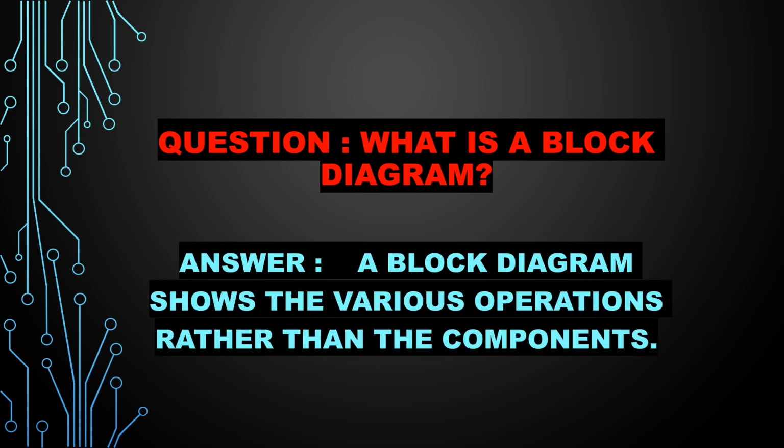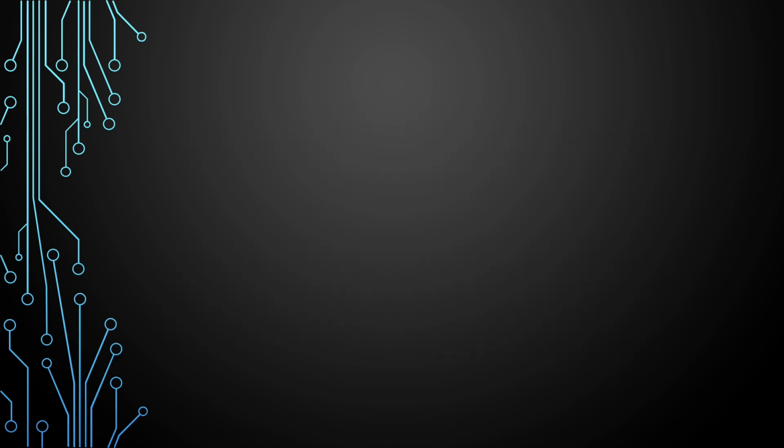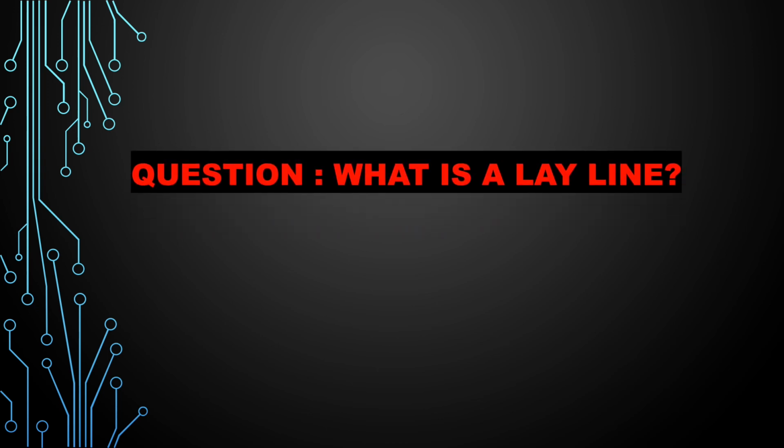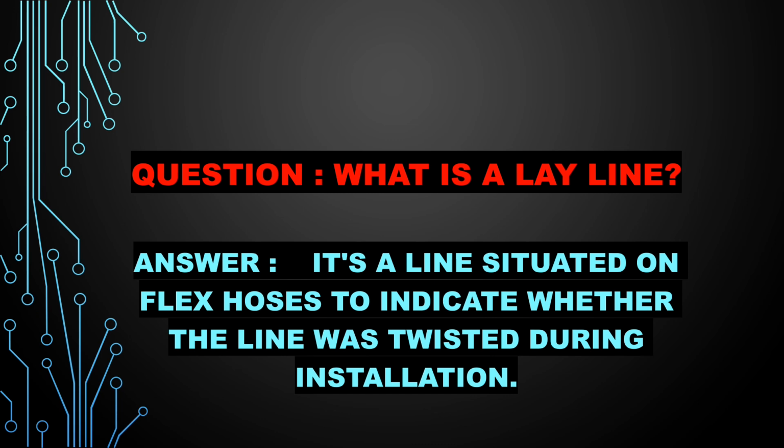Answer: a block diagram shows the various operations rather than the components. Question: what is a lay line? Answer: it's a line situated on flex hoses to indicate whether the line was twisted during installation.